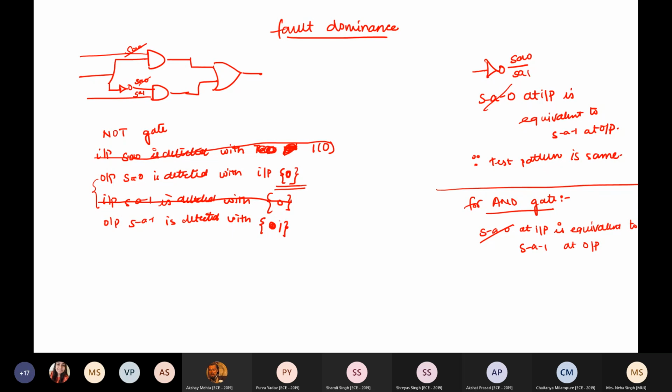Similarly, when you are writing the solution for deductive fault simulation, do not just directly write the set of faults. Write it in the form of unions. For example, if I have the fault list of B defined as fault list of A union fault list of C minus fault list of D, I should write this step first, then I'll write what is the answer.